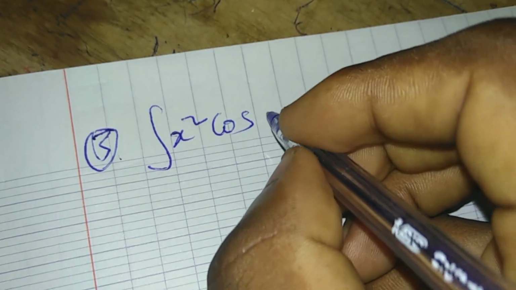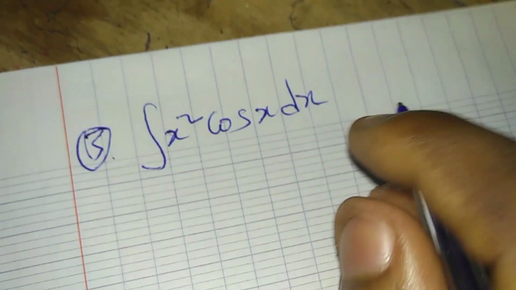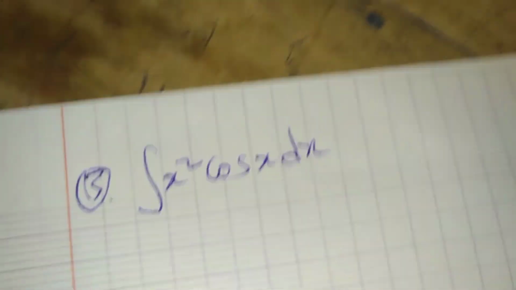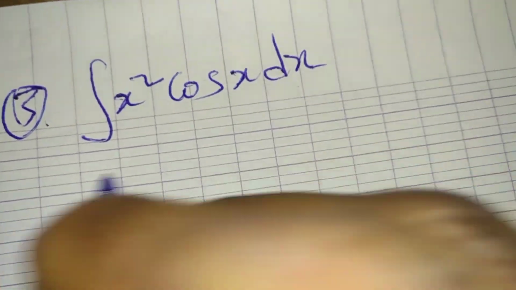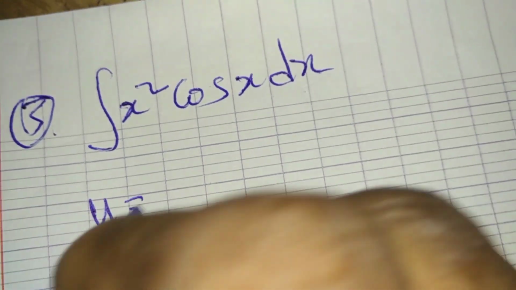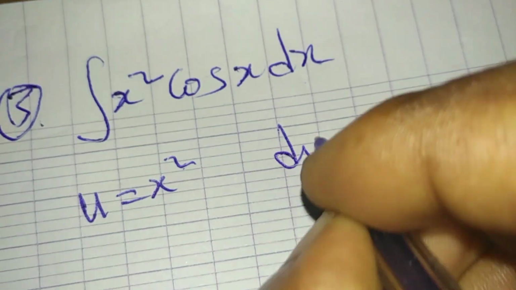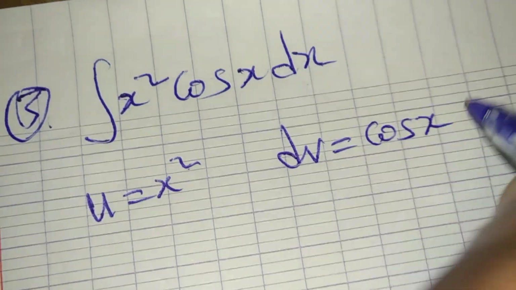In example 3, let's find the integral of x squared cos x dx. So in this case, we are still going to have our u and our dv. Let u be x squared and dv be cos of x.